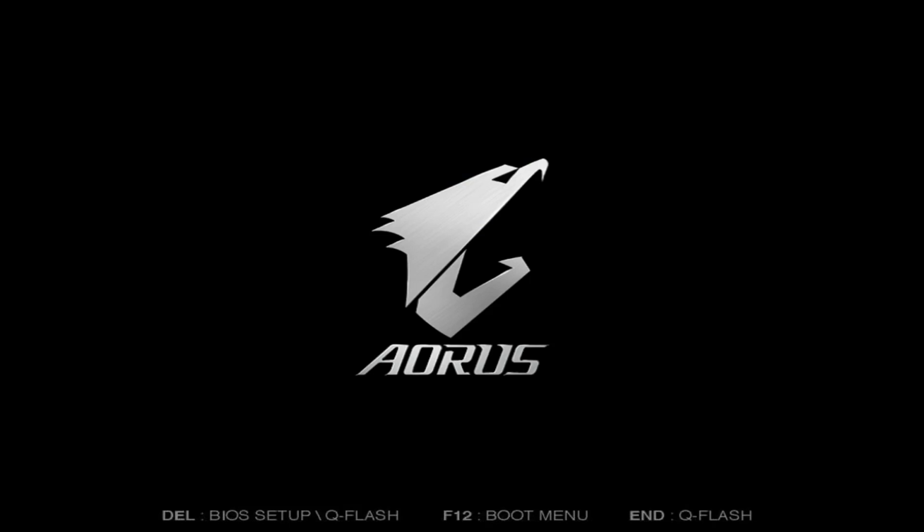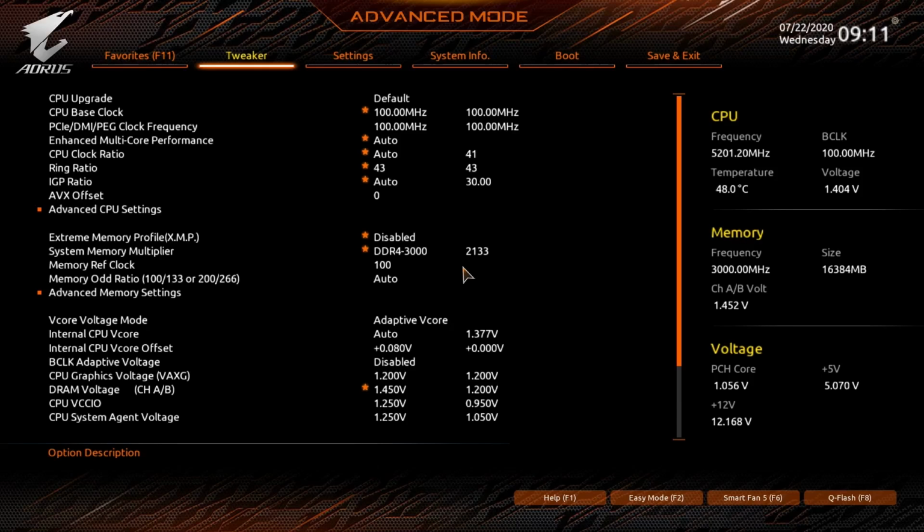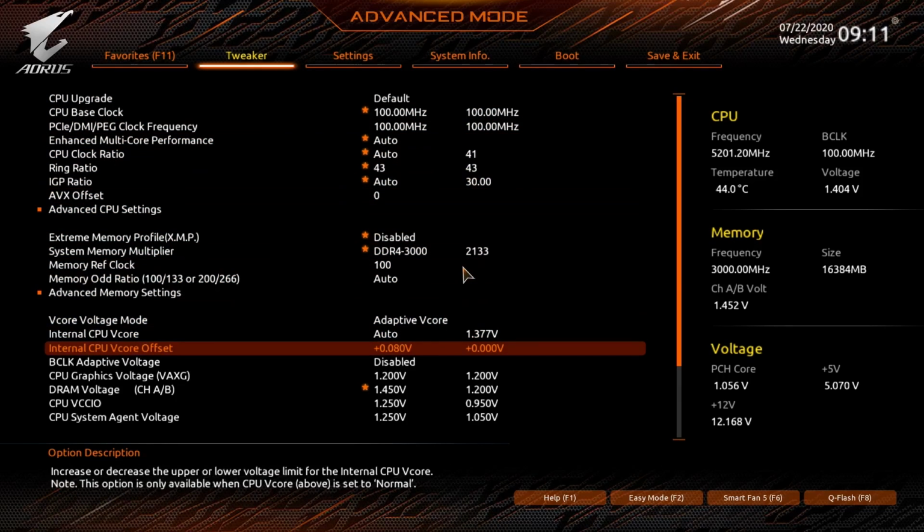Oh, almost. Okay, so I'm going to bring the frequency down to 5.1 again, and we'll take a look at what our voltage is. We might be at the limit here for vCore, so take a look at that before we go any higher.